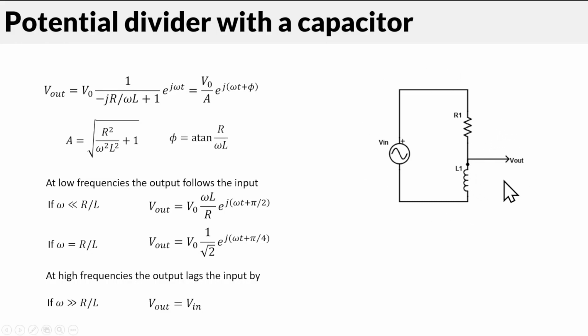One way of looking at why that is, in a more intuitive way, is that at low frequencies the voltage across the inductor will be small because the voltage across the inductor is proportional to di by dt. So at low frequencies, this is very, very small.